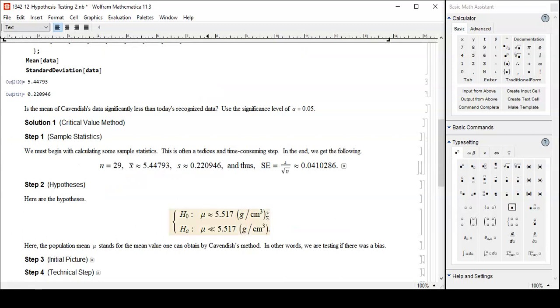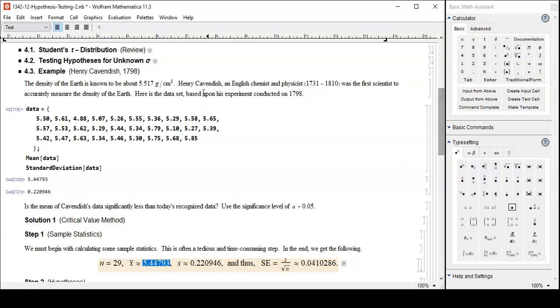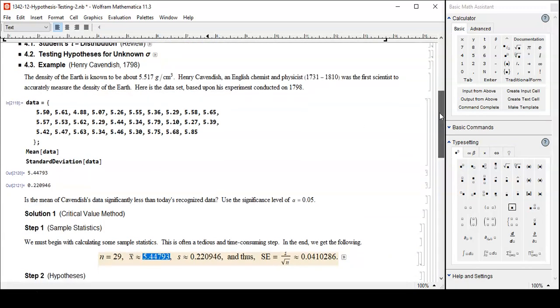Hypothesis, they revolve on the null value, which did not come from the sample, all right. Null means no, nothing, none. So it must have nothing to do with the sample. So you should not be using 5.44793. You have to use the other number, this one, 5.517. That's the null value.